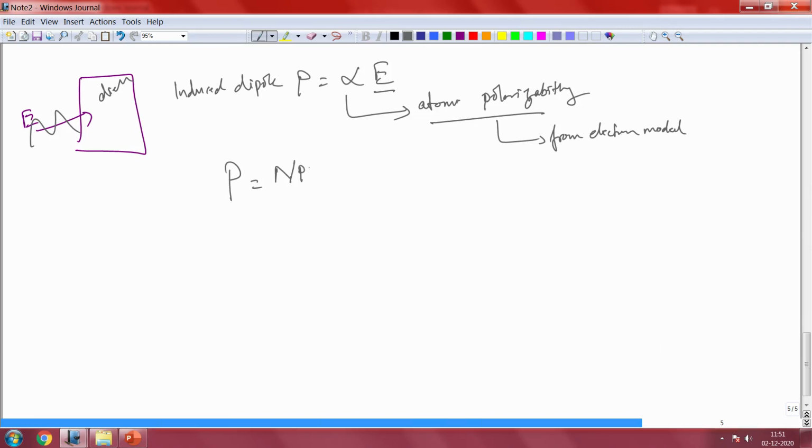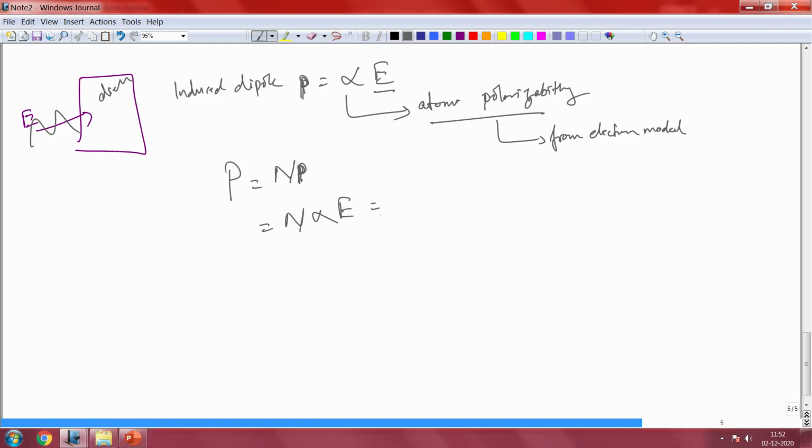So in other words, this is small p, let's say. So I don't want you to get confused. So this is small p and this is capital P. So this is what you have for the polarization.